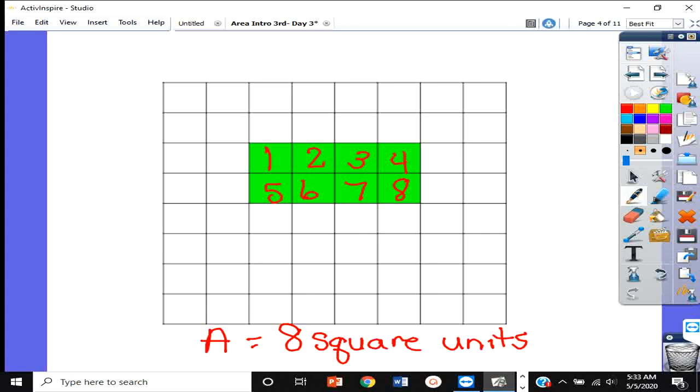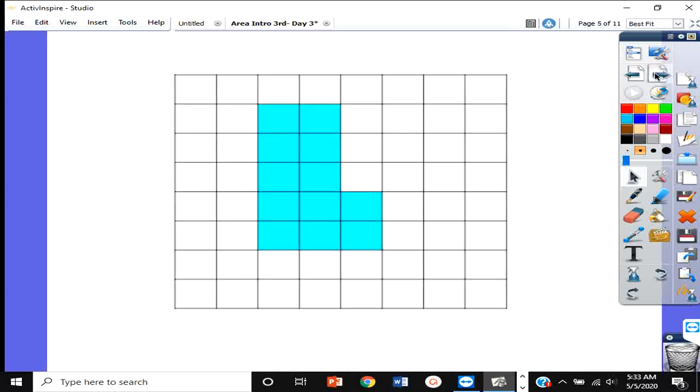Okay, so let's move on to another polygon. I need to know what space is inside that blue shaded polygon. So what I'm going to do is count the number of squares it takes to cover that blue polygon. 1, 2, 3, 4, 5, 6, 7, 8, 9, 10, 11, 12.